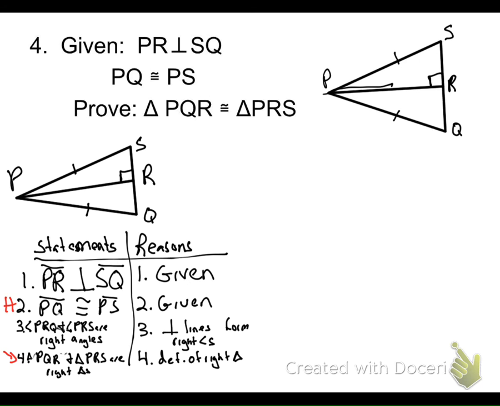Do we have any information that tells us the relationship between SR and RQ? But what do we know about PR and PR? So segment PR is congruent to segment PR because of that reflexive property.